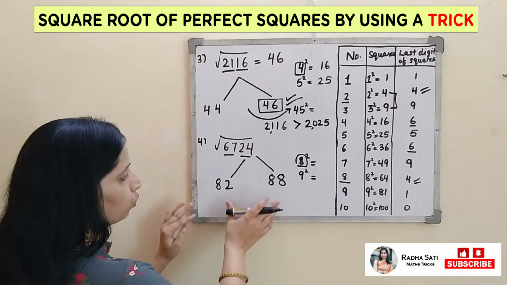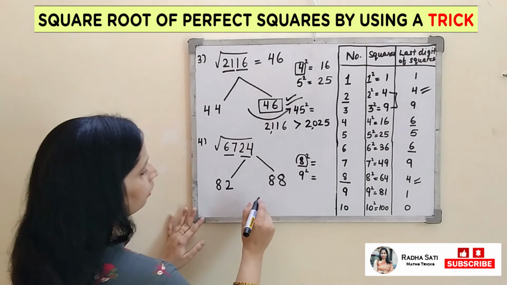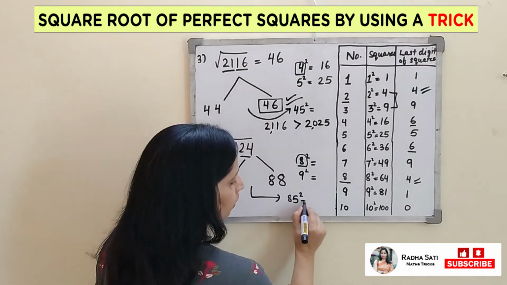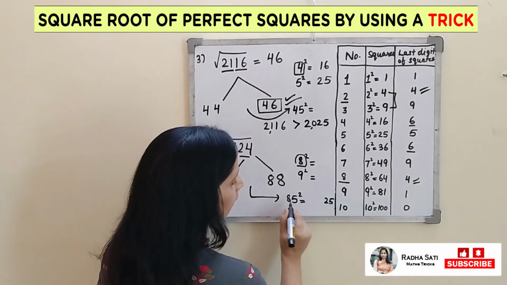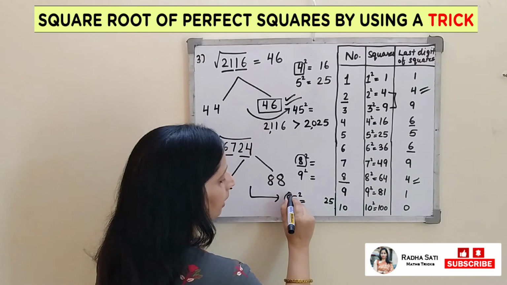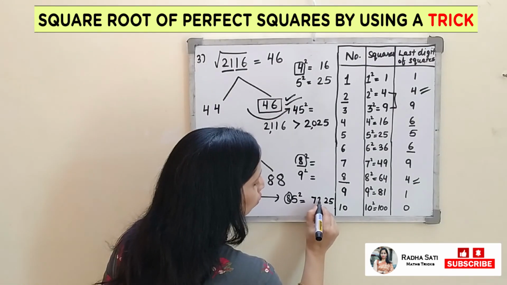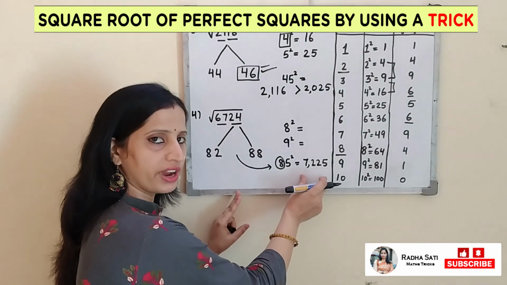Now again, to check which will be our answer, 82 or 88, we will check one more square, of 85. So square of 85. 5 square is 25 and 8 we will multiply by its successor. 8 9s are 72. It means 7225.